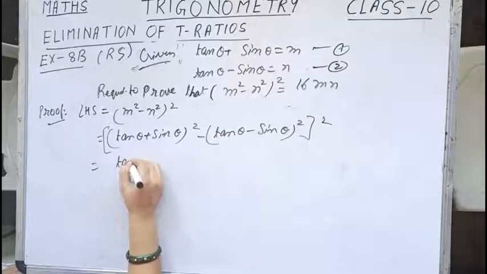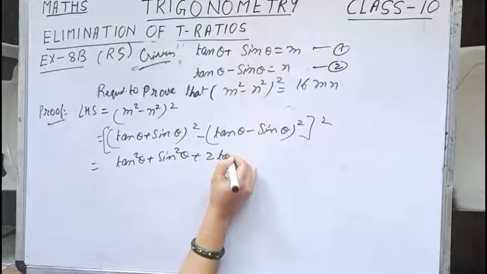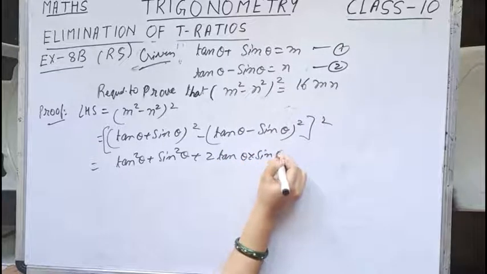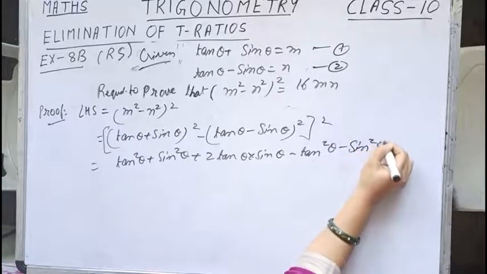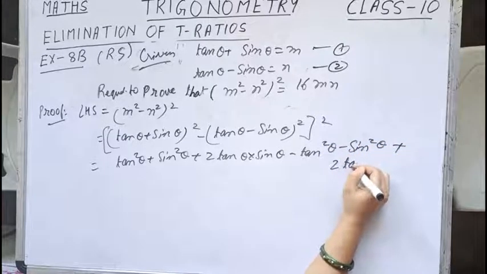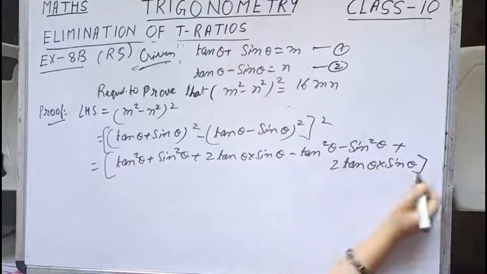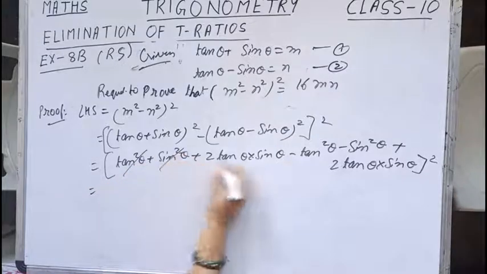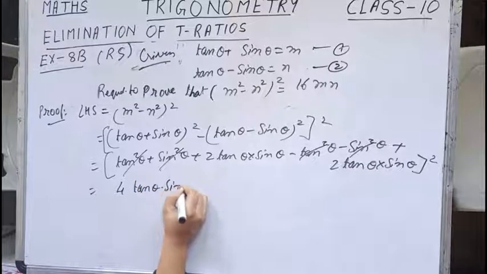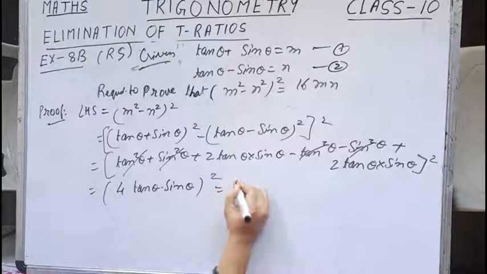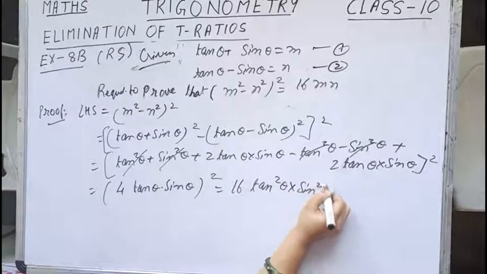So this will be equal to tan square theta plus sin square theta plus 2 tan theta into sin theta, minus tan square theta minus sin square theta plus 2 tan theta into sin theta, and this whole is again a whole square. So this will be equal to 4 tan theta into sin theta, whole square.